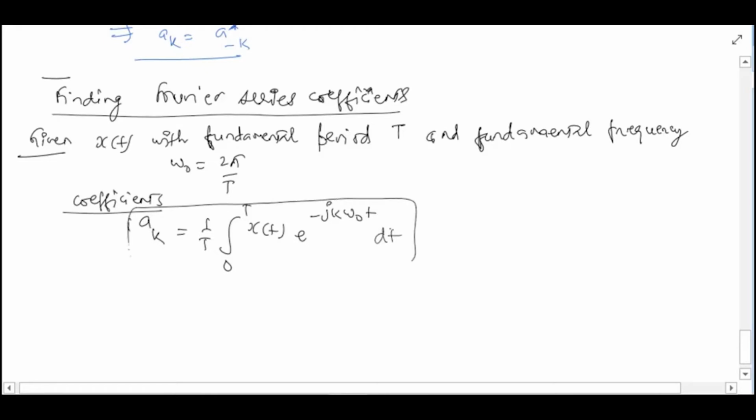Now this equation that gets Fourier series coefficients from the signal itself is called analysis equation.